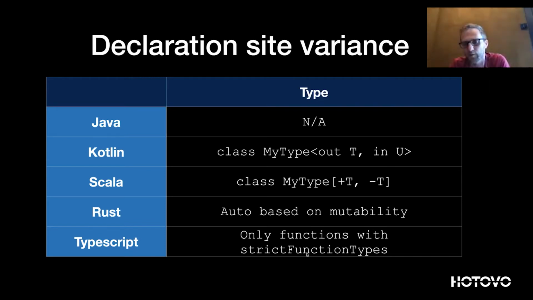And when it's enabled, it understands that when I'm assigning a function to a reference to another function, or passing a function as an argument, it has to follow those rules. And the rule for functions, and it's my favorite line, is that a function is contravariant on its input parameters and covariant on the return type.